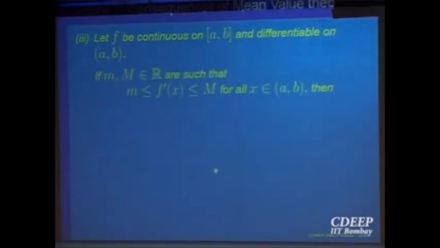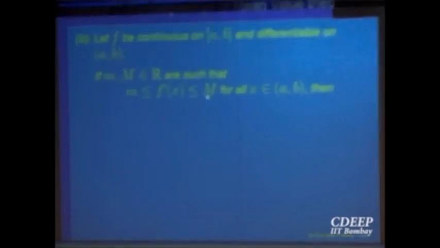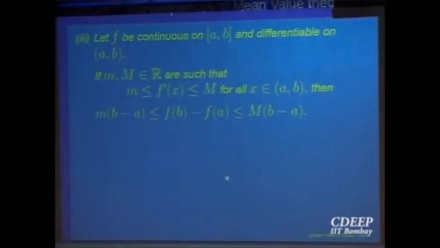This is another theorem which is sometimes useful. Supposing f is continuous on [a, b] and differentiable, so the conditions of the mean value theorem are satisfied, and suppose the derivative function is bounded by small m and capital M. Then I can give a bound for the function. f(b) minus f(a) will be between m times (b minus a) and capital M times (b minus a).